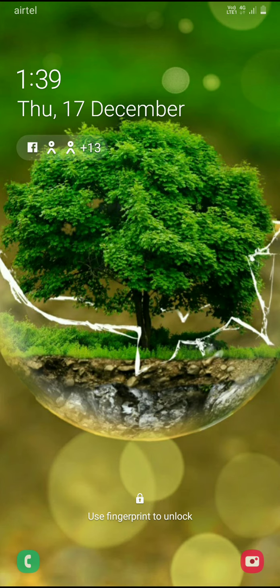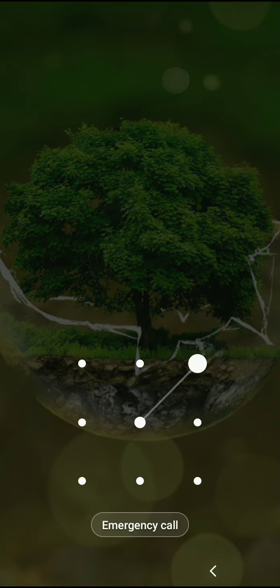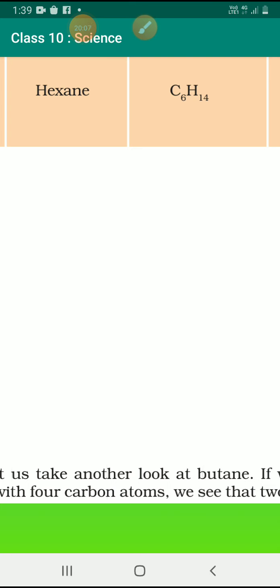What I was telling: carbon atoms link with the carbon atom to form a chain.